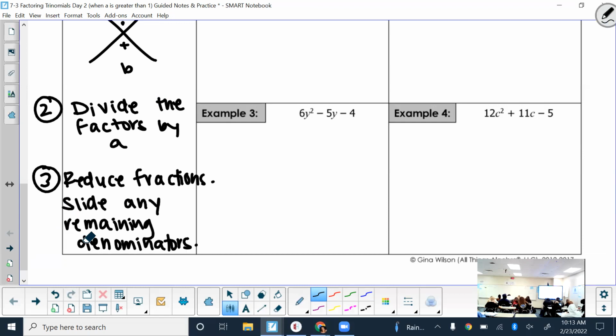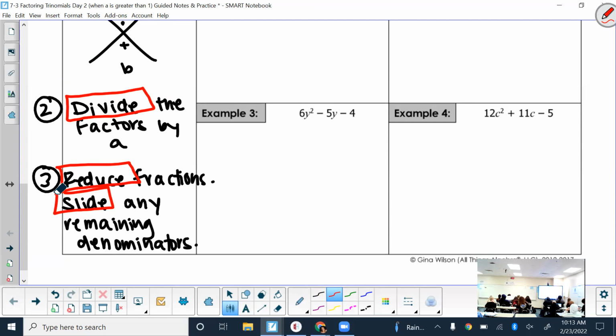All right, so 2 added steps. After the diamond method, you'll divide the factors by A, and then you'll have to reduce the fractions, and then slide any remaining denominators. And you'll see what that means in a second.